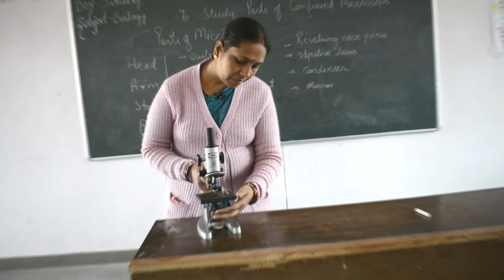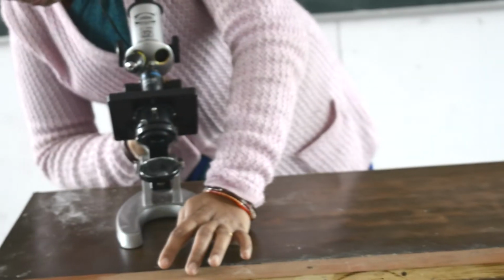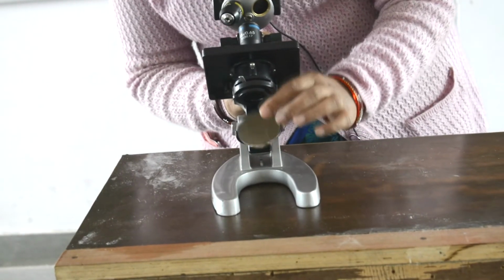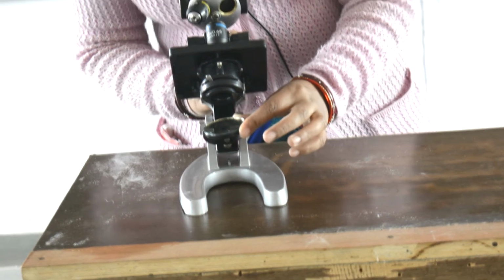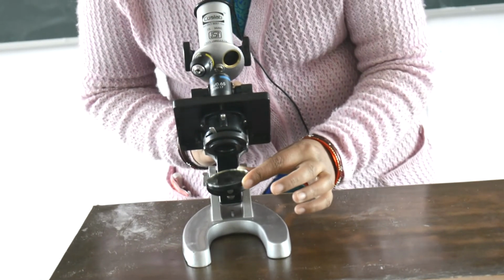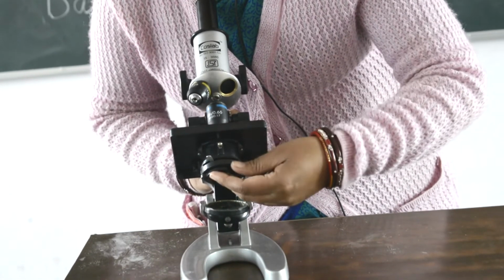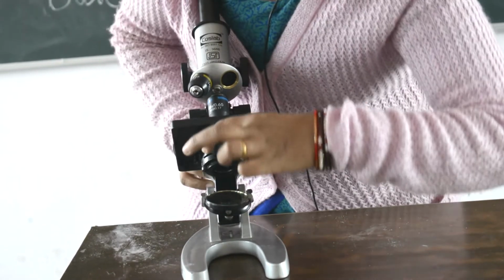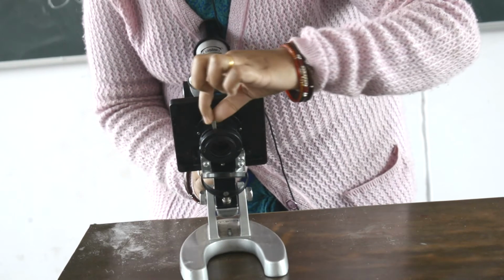After that we have some more parts. You can see here there is a mirror. This is a plane mirror and a concave mirror. This mirror is used to adjust the light. It focuses the light on the condenser. Here we have one condenser also, which condenses the light.